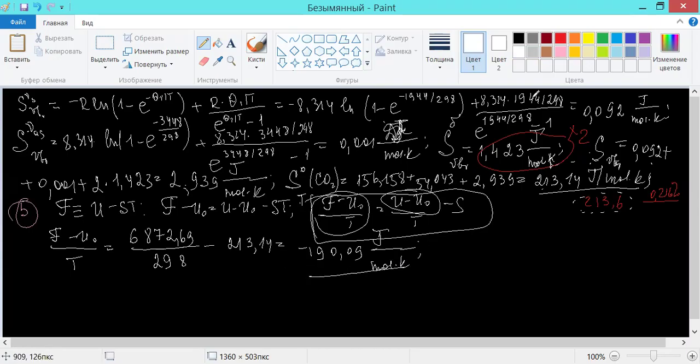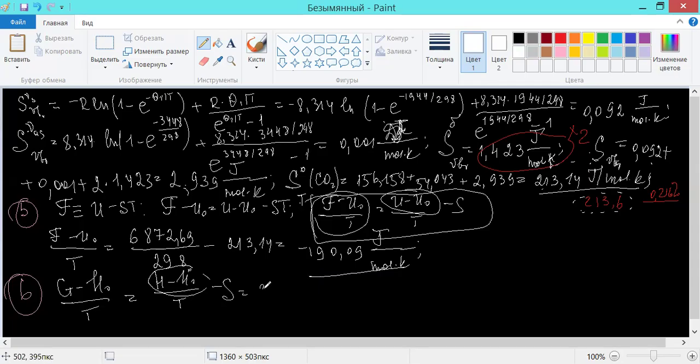This is the answer. And now similarly, we can derive the formula for the reduced Gibbs energy. It's G minus H sub 0 over T, equal to H minus H0 over T, minus S. Previously, above, we calculated this value.